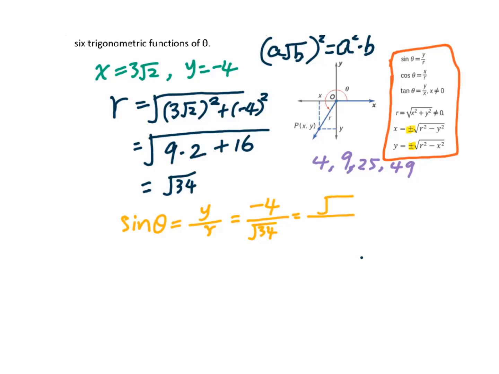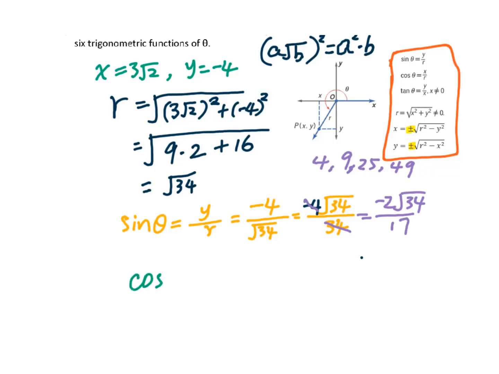We do square root of 34 over 34, -4 we carry on. Then reduce. We got -2 square root of 34 over 17.